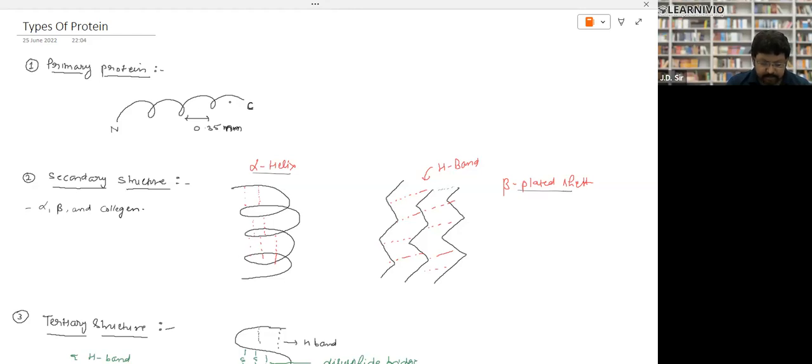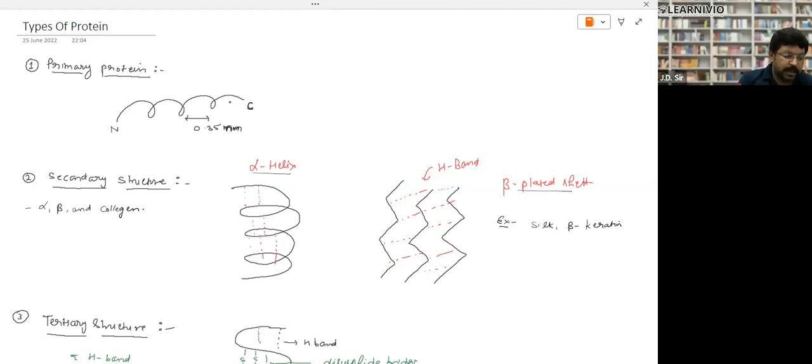Example, silk. Silk is an example of this. That is an example, right?